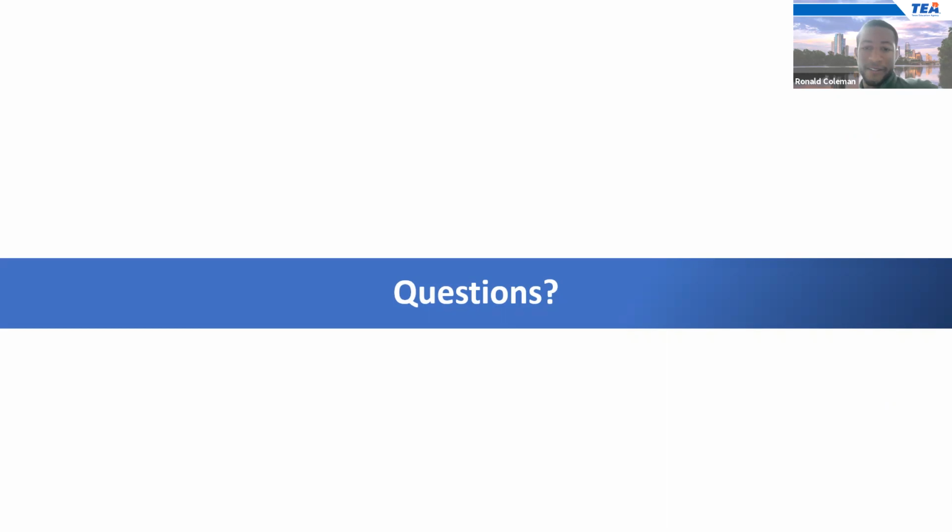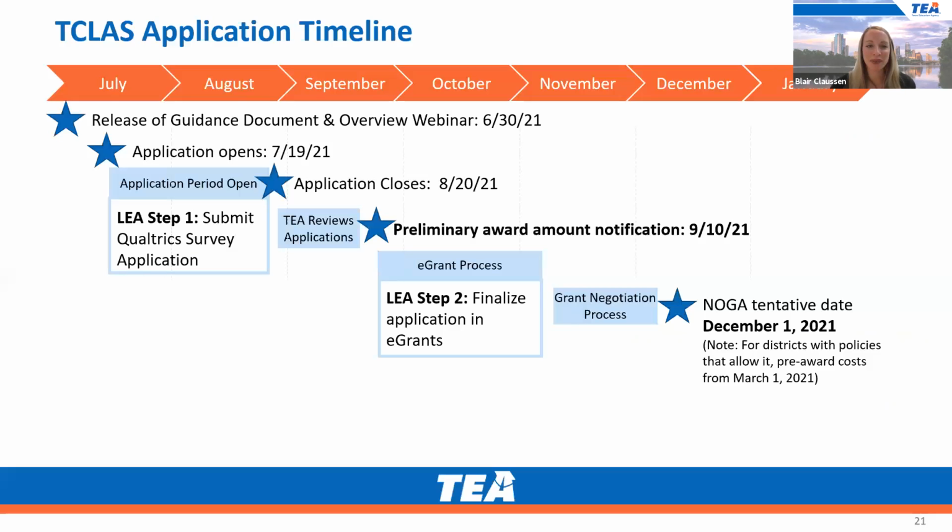Now that you guys are pumped to apply for this Grow Your Own grant under TClass, I'll go through some of the timeline specifics and application pieces. There is a Qualtrics application survey that opens on July 19th, which is next Monday.